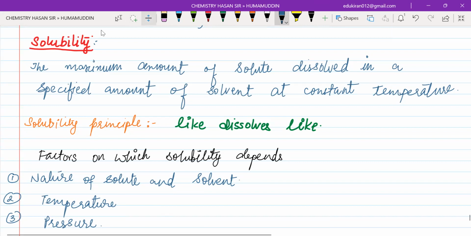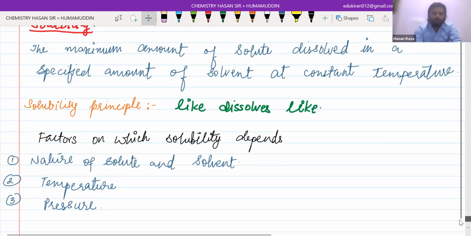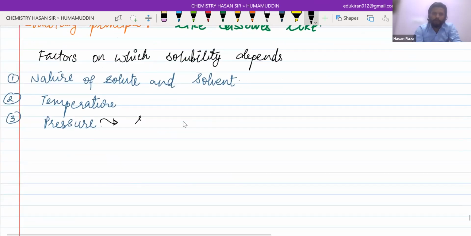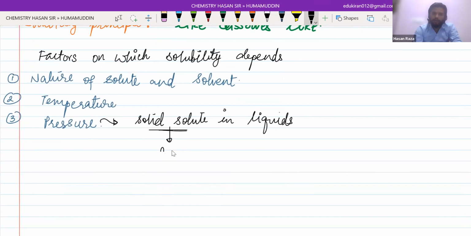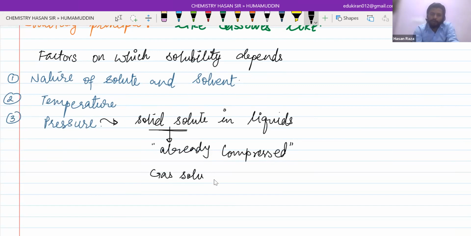First, we are going to talk about pressure. When we talk about solid solute and liquid solvent, this solid solute is already compressed because it is in solid state, so there will be no effect of pressure on this. Only the effect on gaseous solute, that means solute in gaseous state in liquid, will be affected.